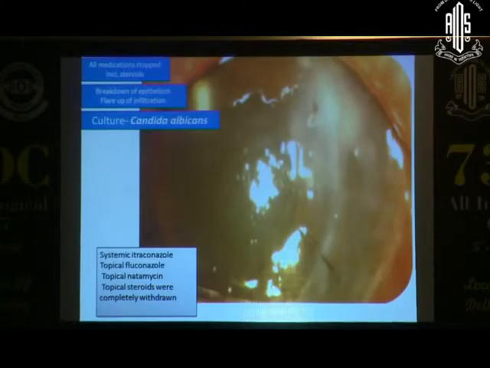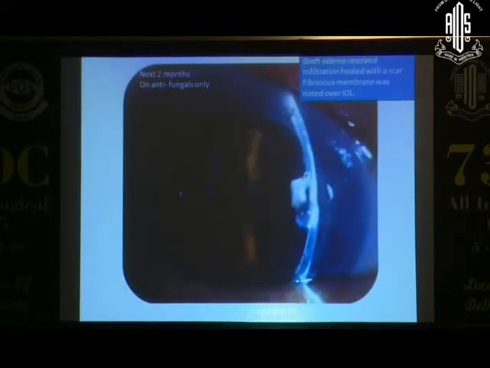And we thought we'd lost the eye and we'd need to repeat the transplant because it was getting very edematous. For several weeks, he had to continue the antifungals. But surprisingly, just with antifungals, the patient started to improve. Even the corneal edema started to reduce. In 2 months' time, the cornea cleared quite a bit.